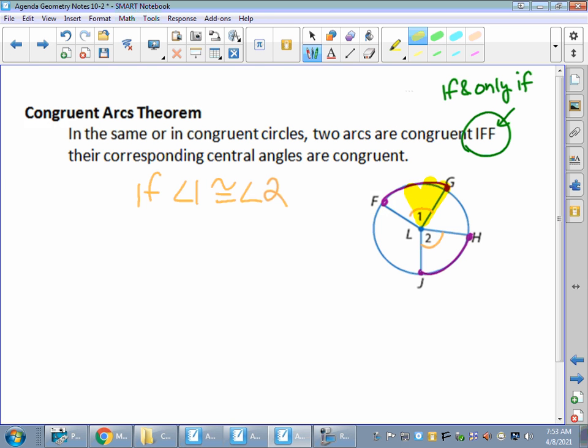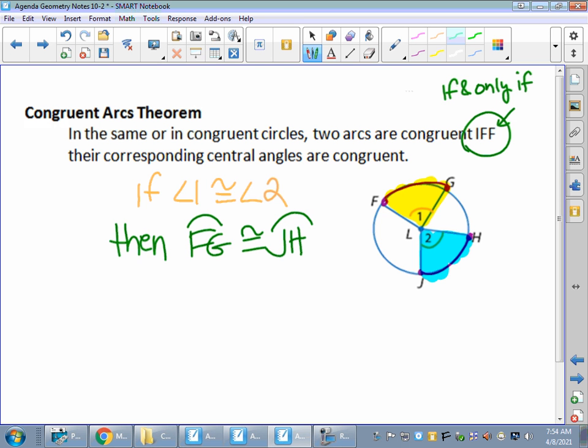So if I highlight this out so I can see my central angle, my central angle and my arc are congruent, right? So angle 1 is the same measure as arc FG. Angle 2 and arc JH are the same measure. So if angle 1 and angle 2 are congruent, that means that arc FG is also congruent to arc JH.